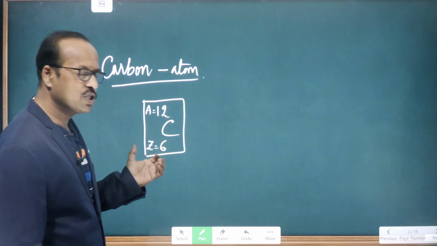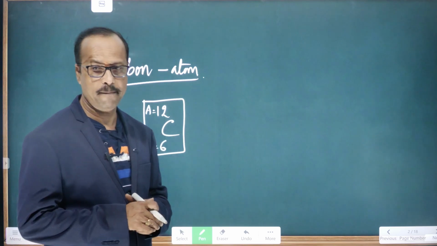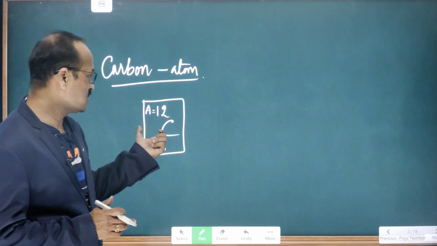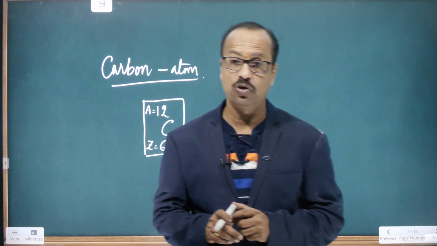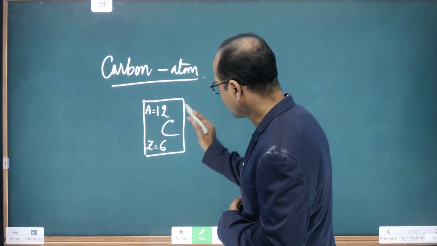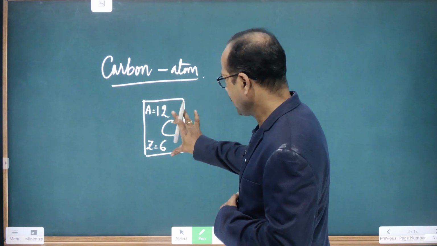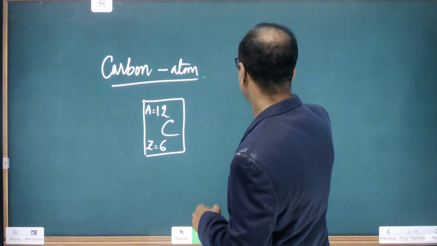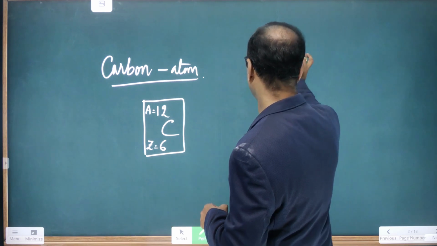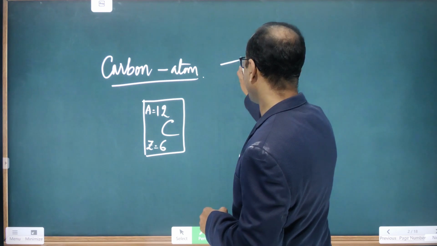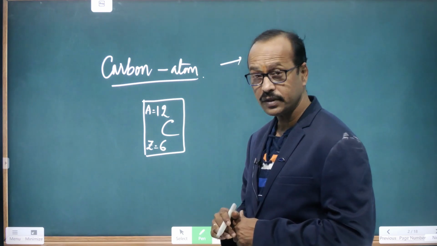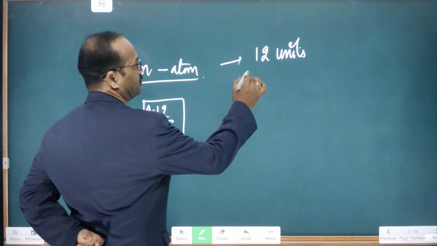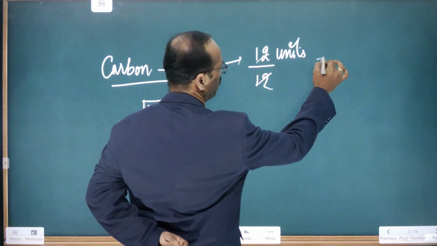Now we compare the mass of any atom with the mass of this carbon. The scientists decided that the mass of the carbon isotope C-12 is taken as 12 units. If we divide this by 12, we get 1 unit.